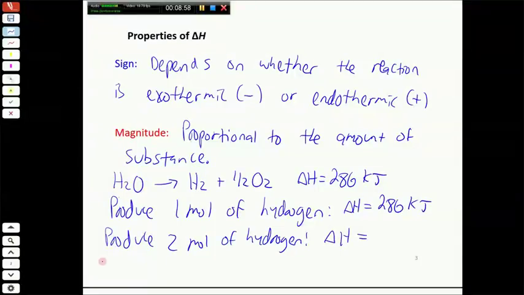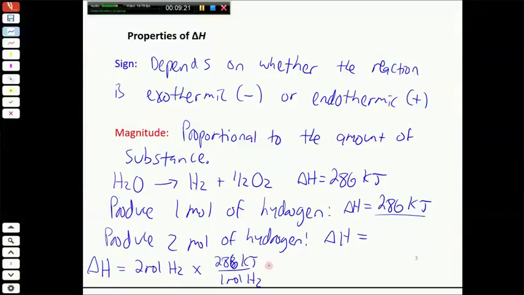And the way we can do that is that delta H, if we have 2 moles of hydrogen, we know from the balanced chemical equation that it requires 286 kilojoules per 1 mole of H2, because hydrogen has a coefficient of 1 in the balanced equation that I gave you.